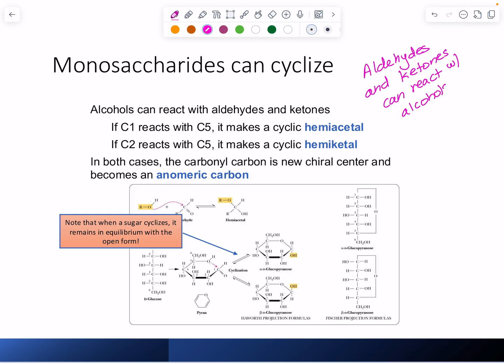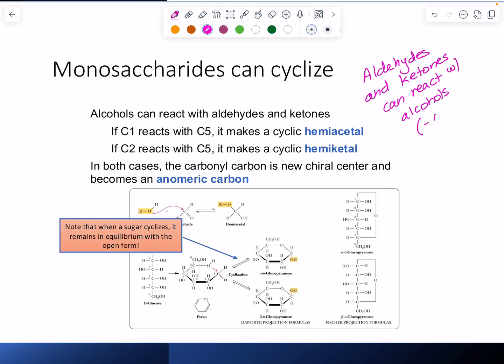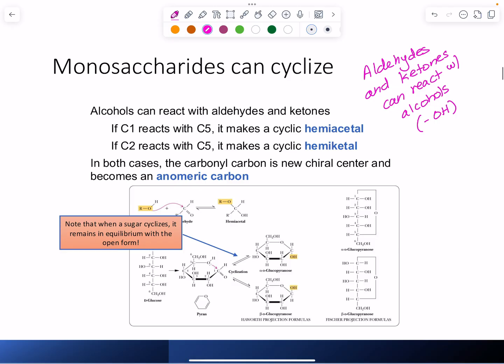And what's our functional group for the alcohol? It's a hydroxyl. And our sugars have lots of hydroxyl groups. So monosaccharides can cyclize when our alcohol group will attack the aldehydes or the ketones.